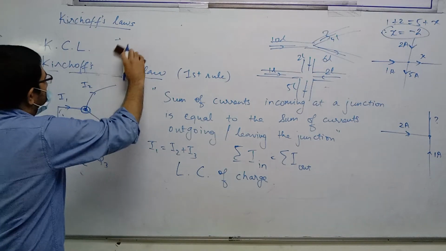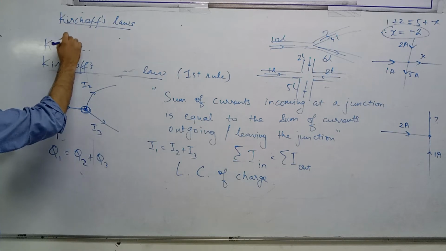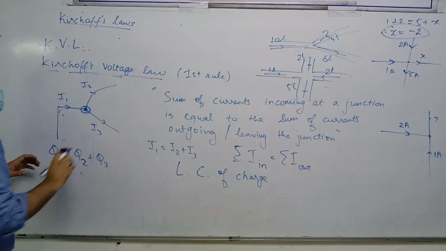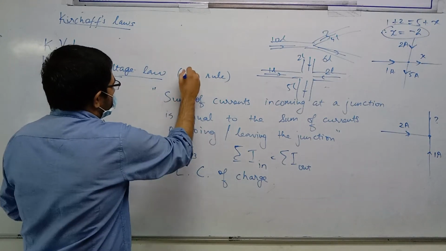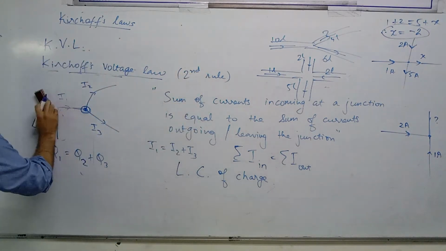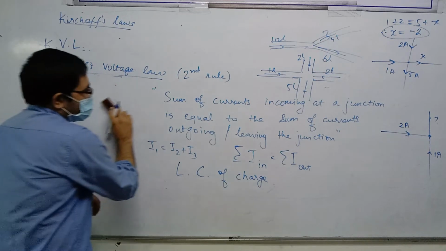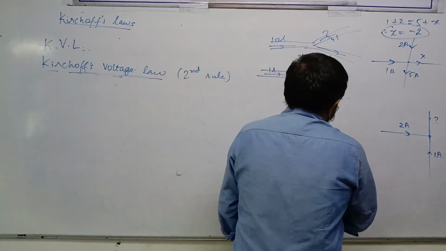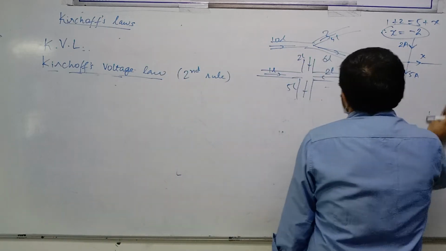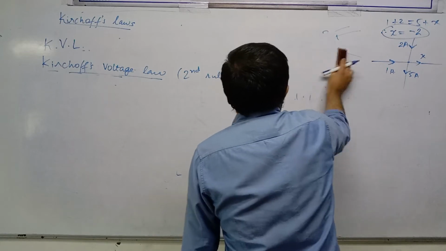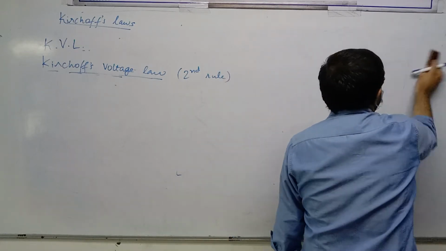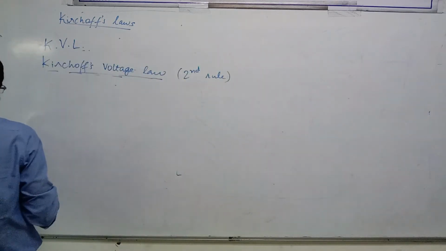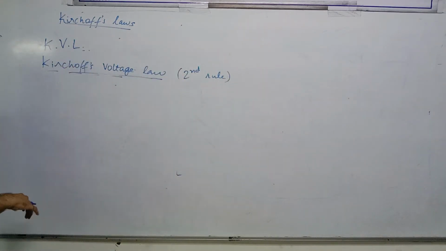Next, the second one is called KVL. That's for voltage. Second rule. Now this is slightly more detailed. We will have to go into a few more things.